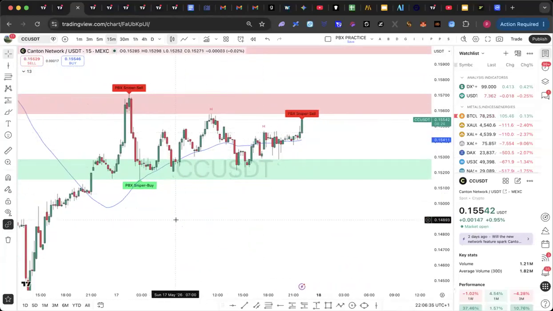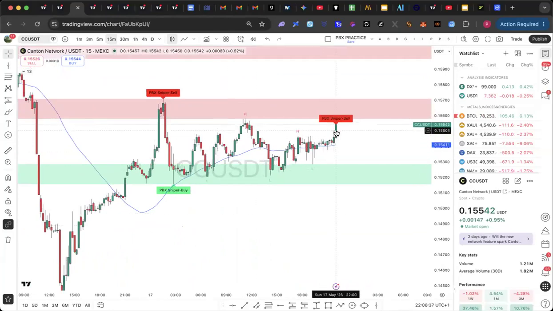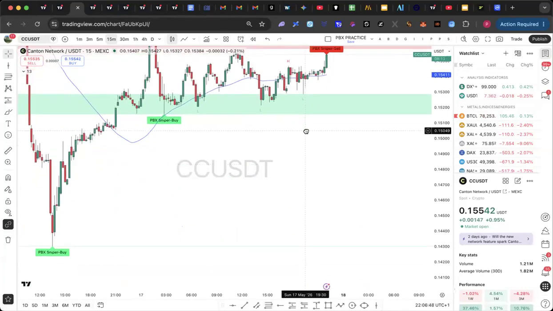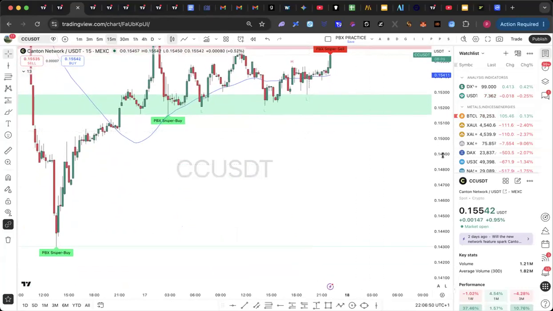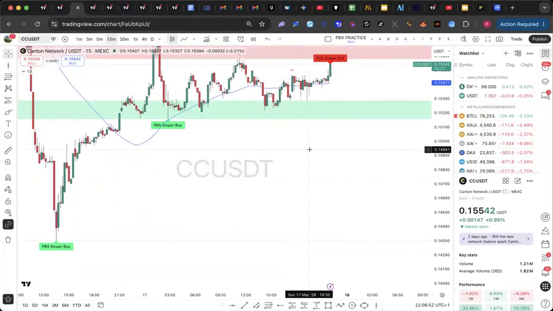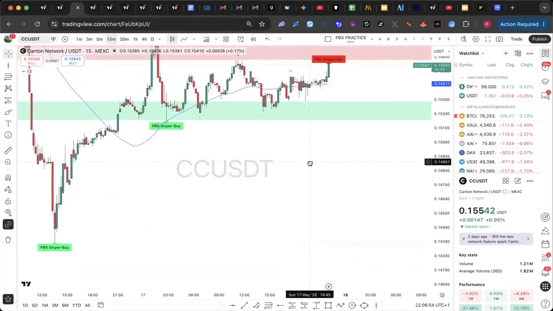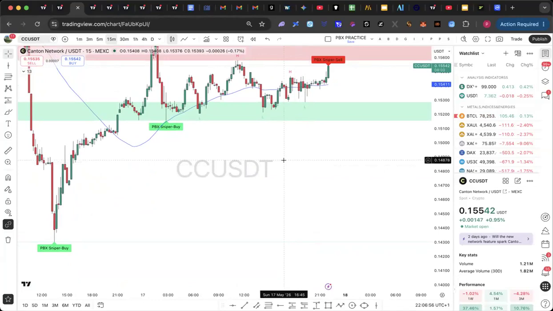It went down massively the other day, so you have to await a rejection, probably still targeting 15 cents within that region. But allow Bitcoin to decide. If Bitcoin crashes, it will crash. In fact, it will crash so much. So that's what I can say for the CC token.